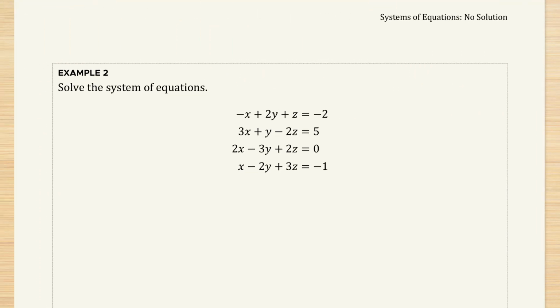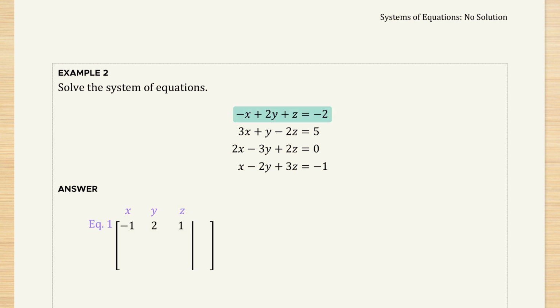Let's do another example. This system has 4 equations and 3 unknowns, x, y, and z. We put the information from the system of equations into an augmented matrix. The first column is x, second column y, and third column z.